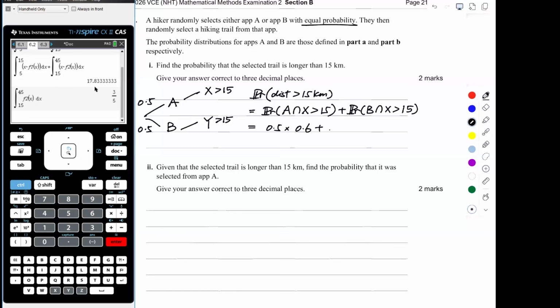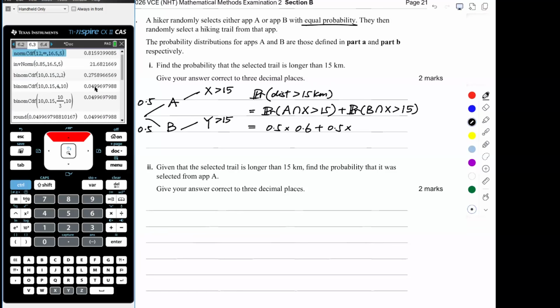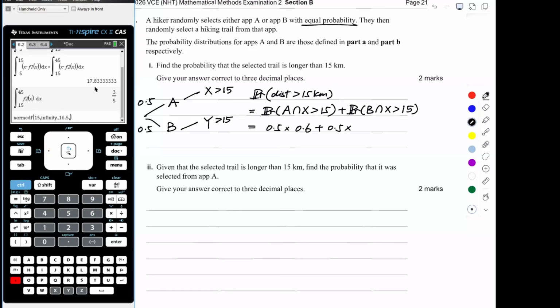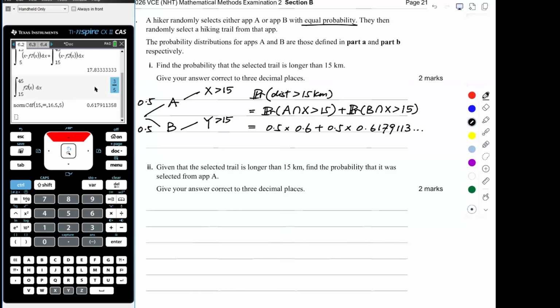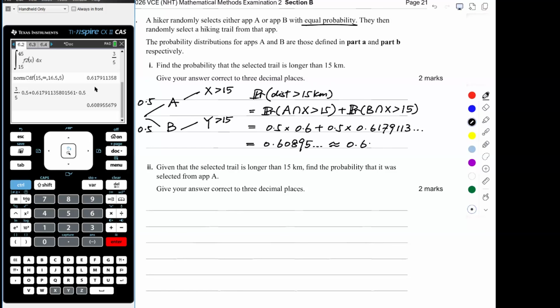And then we add 0.5 times norm CDF, 15 to infinity, with the mean value of 16.5. So you get a decimal value, 0.6179113. Eventually, you just do that times that plus that times that. So the final answer is 0.60895, rounded to 0.609, okay? 3 decimal places.